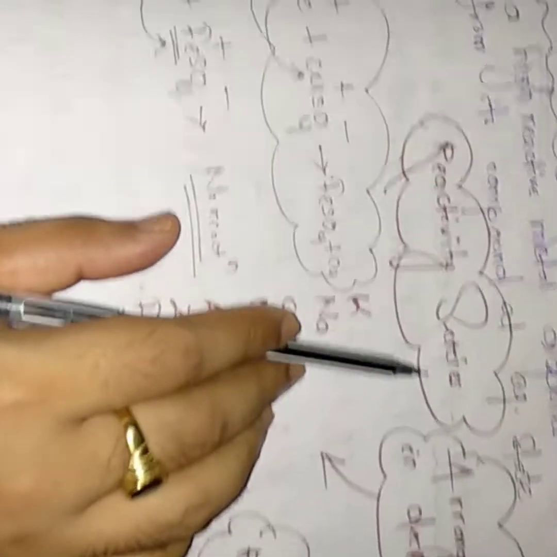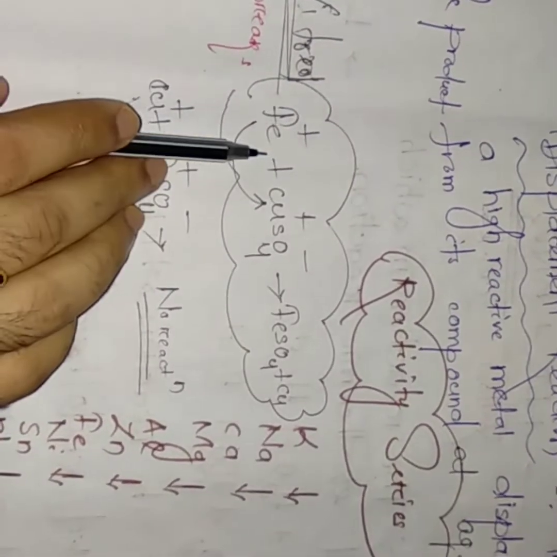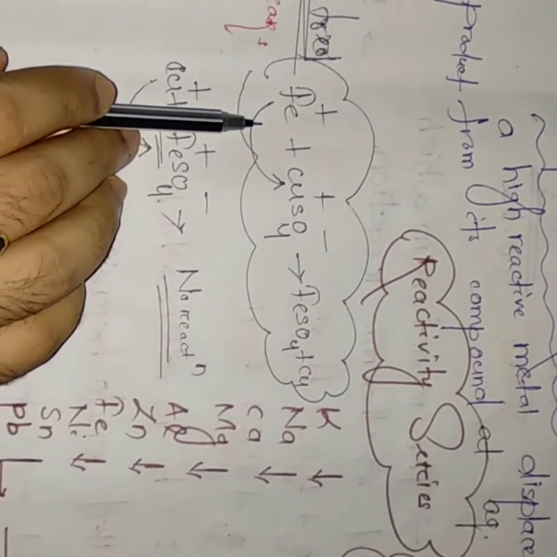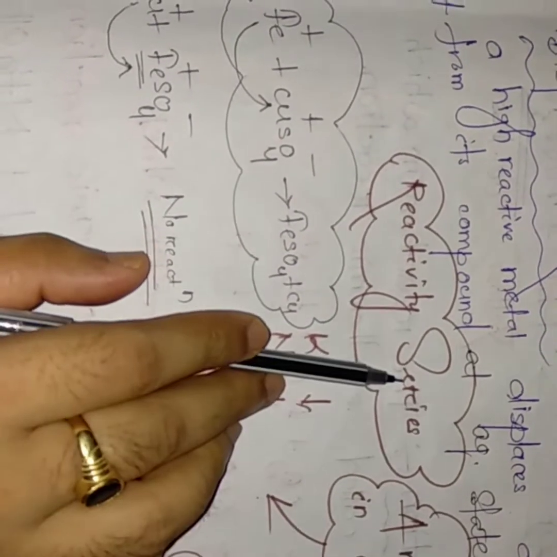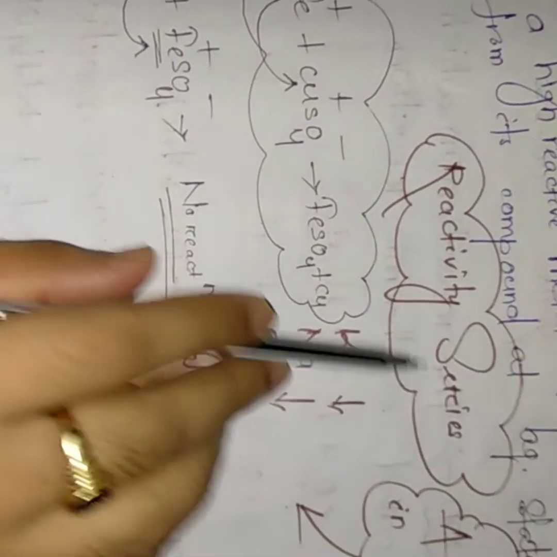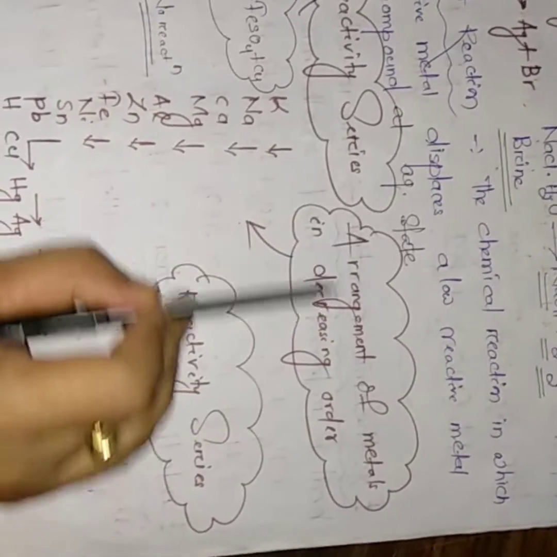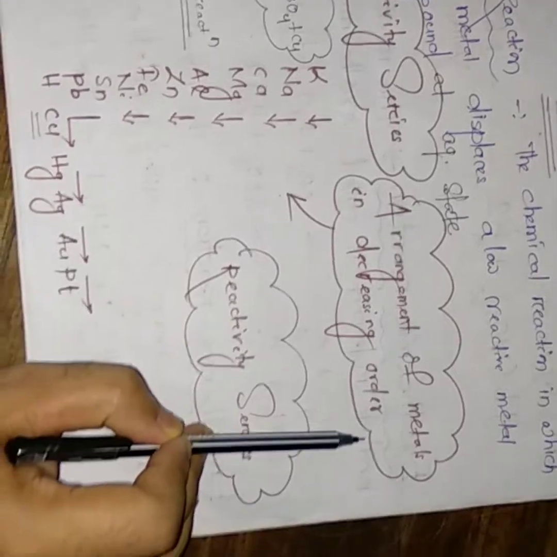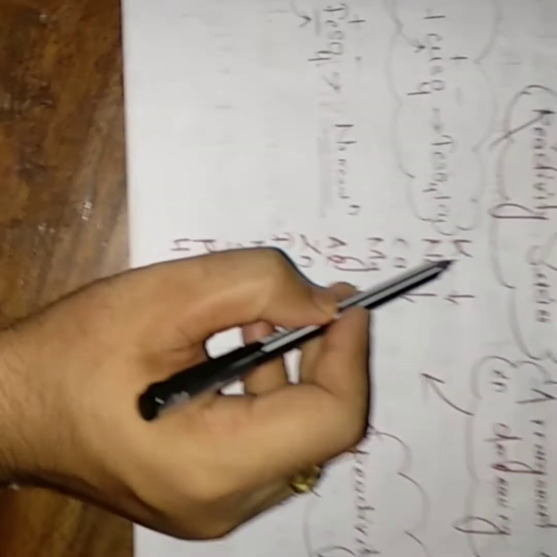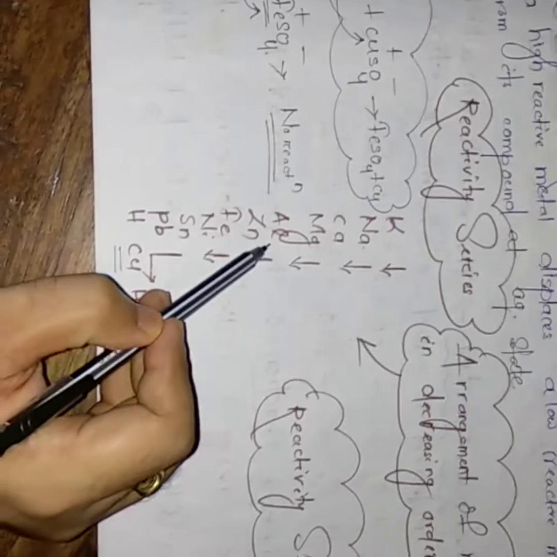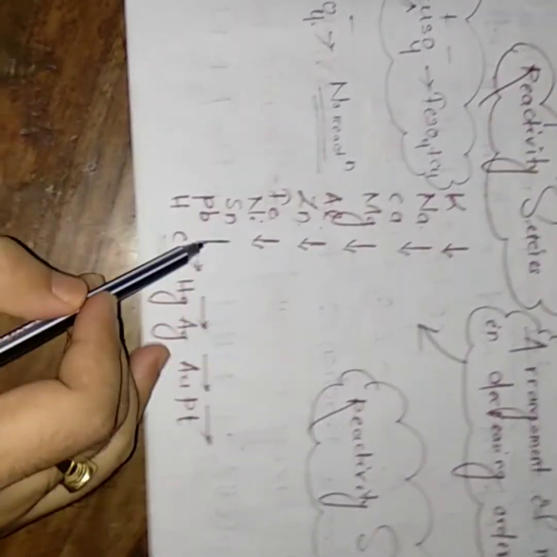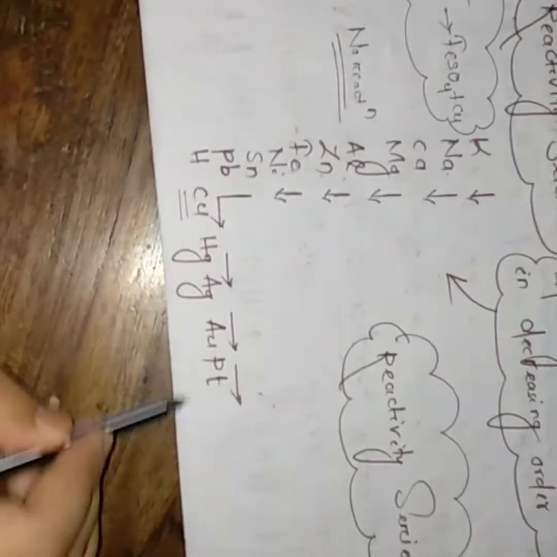Before understanding the example of a displacement reaction, first you have to be clear what the reactivity series is. So what is reactivity series? Arrangement of metals in decreasing order. See, potassium, sodium, calcium, magnesium, aluminum, zinc, iron, nickel. These metals are arranged in decreasing order according to their reactiveness.